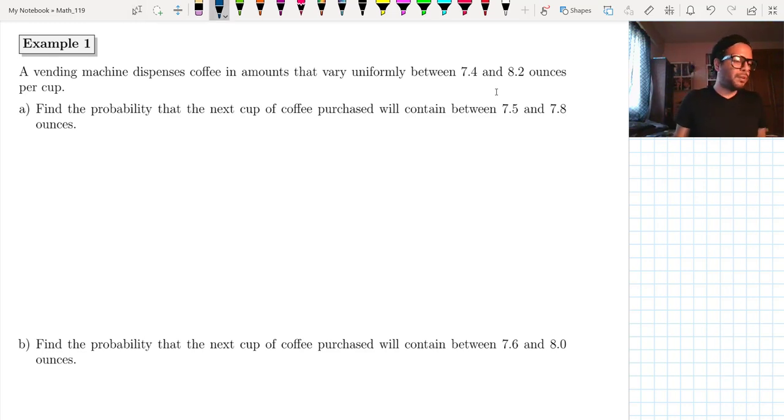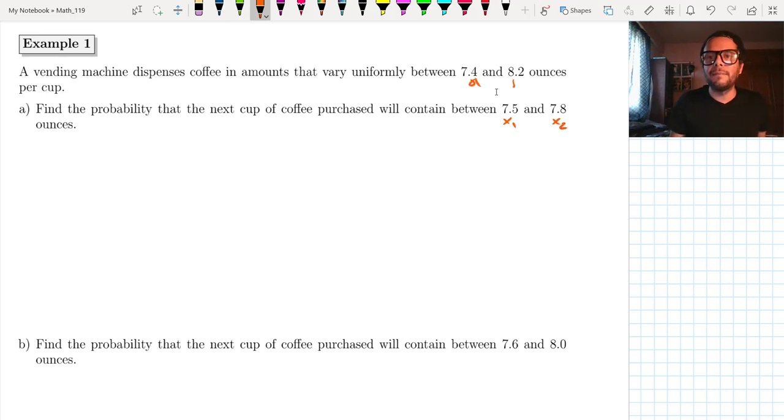So we are going to find the probability that a cup of coffee purchased will be between 7.5 and 7.8. I know there's a lot of numbers, so let's label. This is x1, this is x2. Those are part of the question.